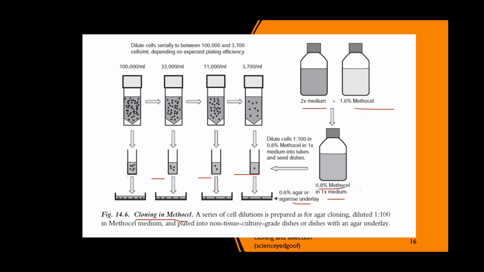It doesn't mean that you're eliminating agar in this method. There is an agar underlay; in the other one we use 0.3% agar, and here there is a little more, 0.6% agar or agarose underlay. On top of that, you're also using methoxyl, because it's a viscous liquid, so that you can see the colonies better, and you don't have to worry so much about the temperature.